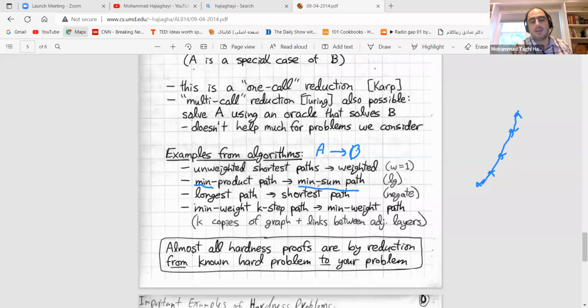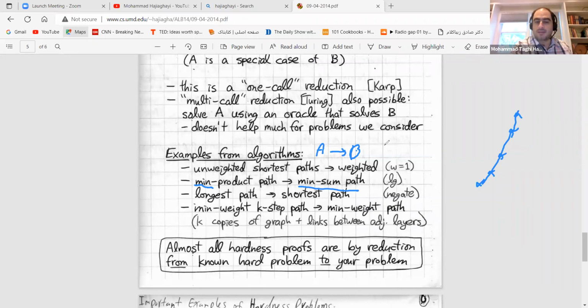Because the logarithm of a product is equal to the sum of the logarithms, we can use the min sum problem to solve the min product problem. So in that sense, min product path is easier than min sum path. Here it means that A is easier than B because A can be reduced to B.